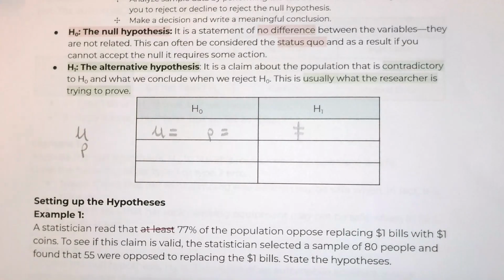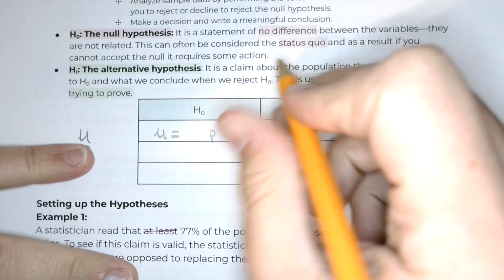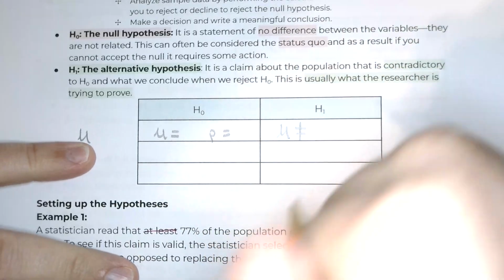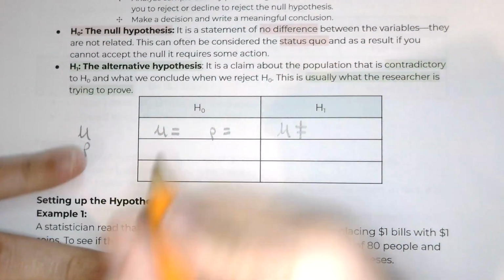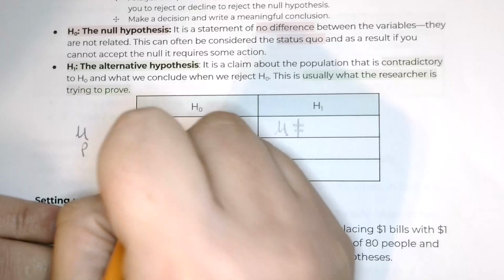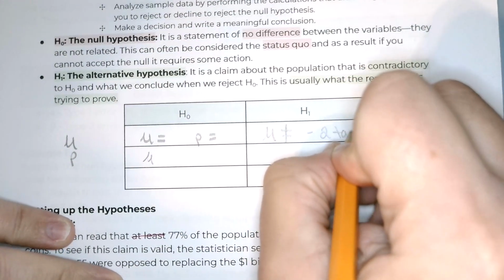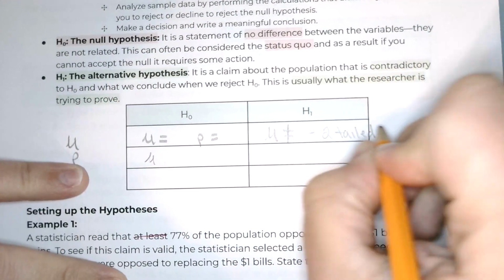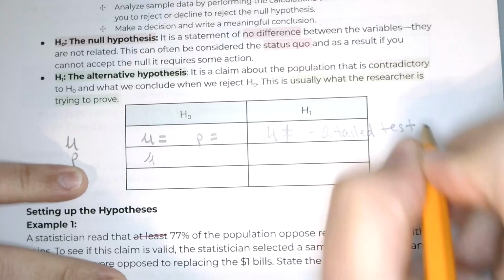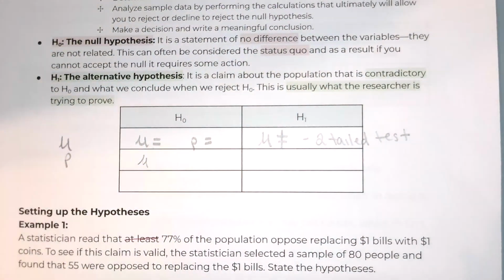Sometimes it's even called the research hypothesis. So we would have mu is equal to or not equal to. This would mean that we have a two-tailed test, and we'll look into that in a few minutes. I have some pictures for that, and we can see some examples.